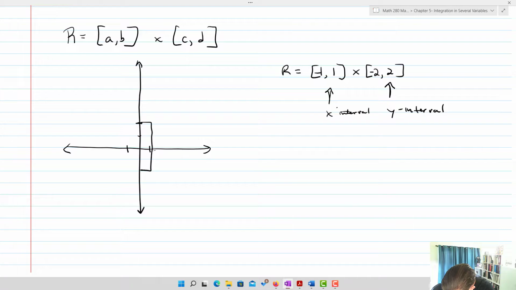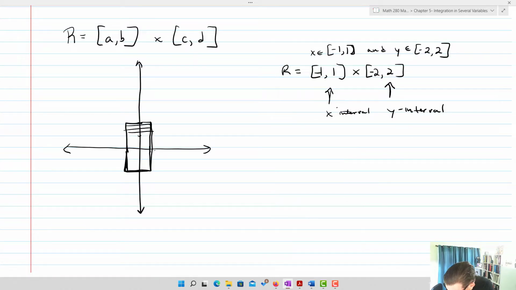And so essentially, this is going to be that box that we're looking at there. And that's going to be the region. So if you notice here, it's basically everywhere where x belongs to [-1, 1], okay? And y belongs to [-2, 2]. That's going to be my rectangular region, okay?